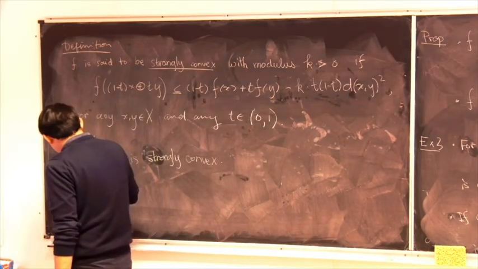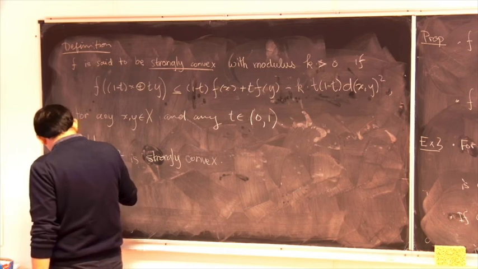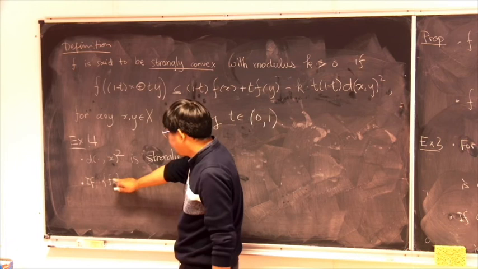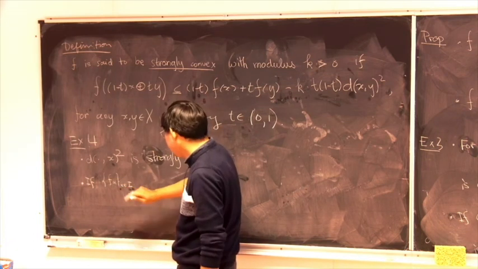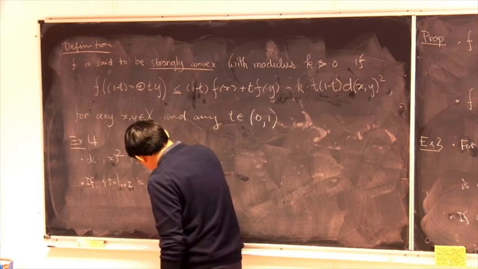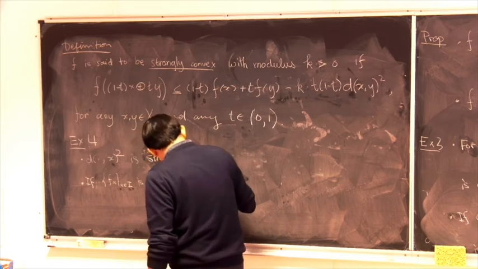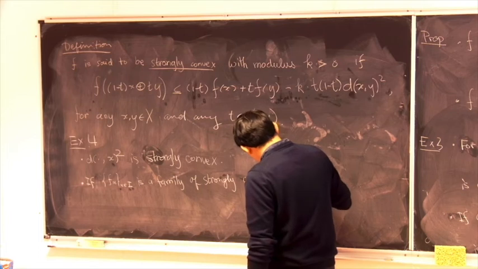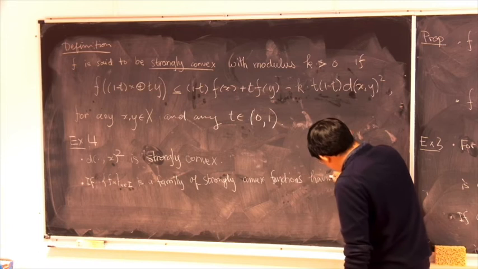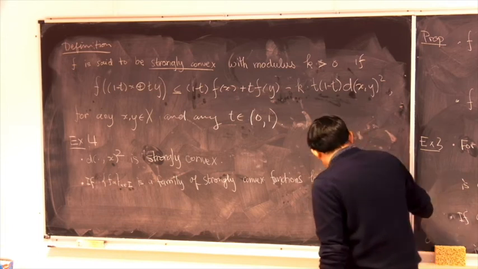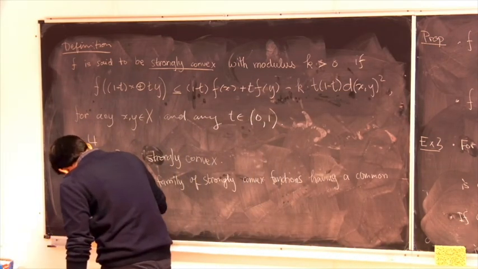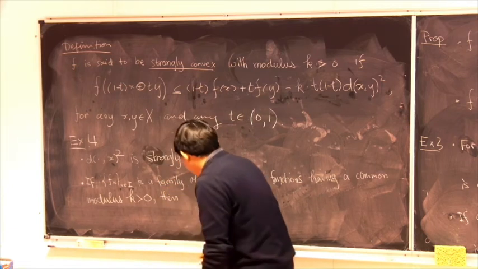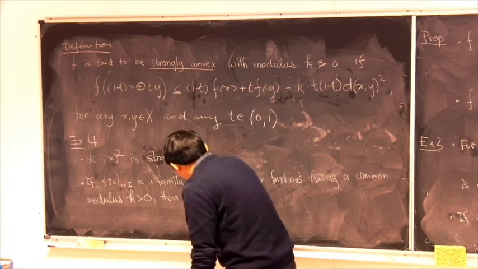We have another two examples which are very, very important. If you have a family f lambda, where lambda belongs to any index set I, and this is a family of strongly convex functions having a common modulus k, then we take the supremum over all the functions.